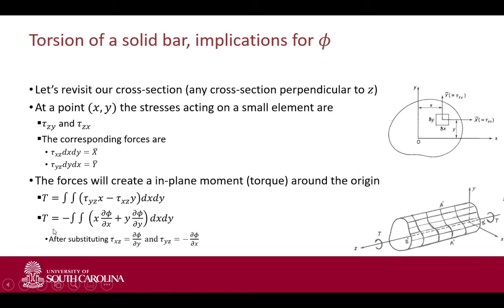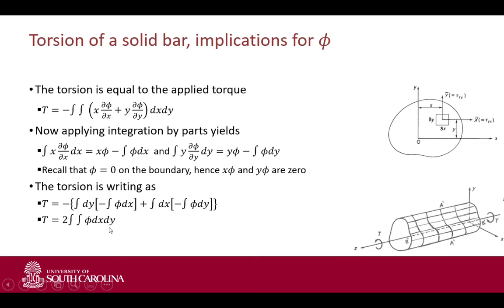And what we get is our torsion going in our given direction. This torsion, due to these two shear stresses in our cross section, must of course be equal to the applied torsion, because there are otherwise no other forces acting on the body.